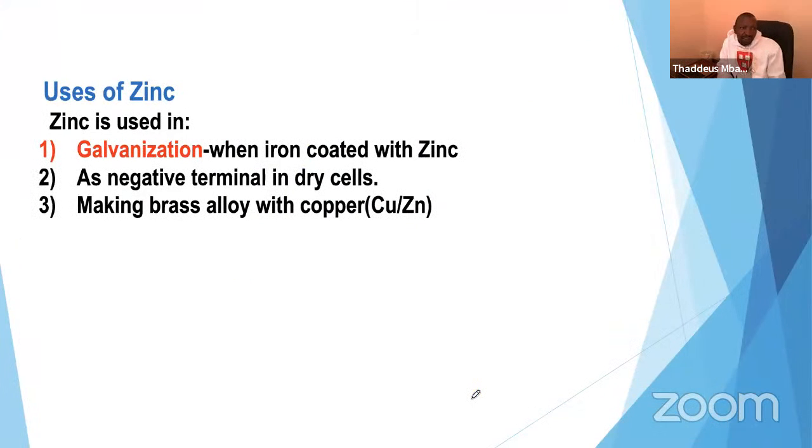Now, uses of zinc: used in galvanization, whereby iron is coated with zinc. Remember, this question was even here, whereby you're told the importance of galvanization as opposed to painting.